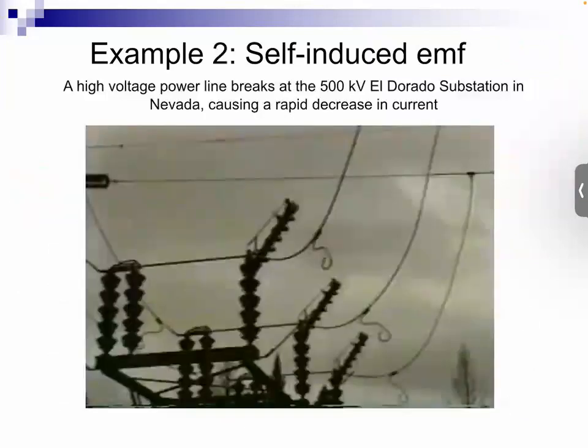In fact, look at what happens. Watch this video. It's a high voltage power line. Of course, very high currents are flowing through this line. What do you think will happen if the line breaks?